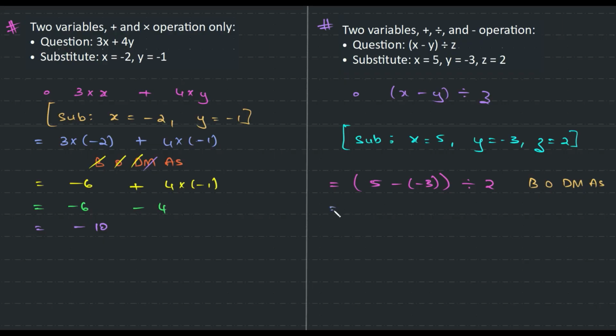So we need to solve brackets. So negative of negative. Yes, what should we do? Additive inverse of -3 is what we have to write over here. Divided by 2. Still brackets is not yet completed. 5 plus 3 is 8. Divided by 2. Now the brackets is completed. No operation. There is division. And so that is 4. And we are done.